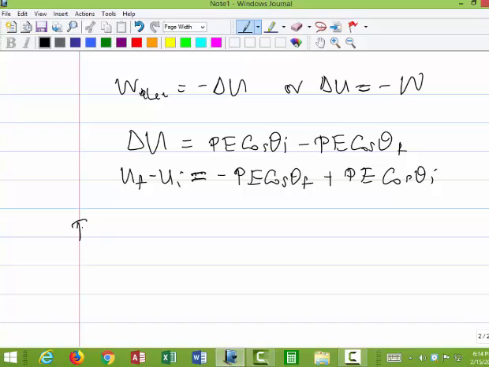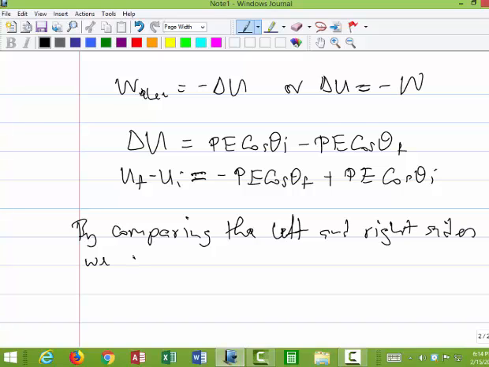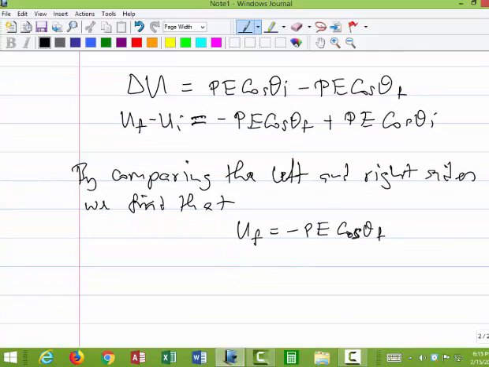So by comparing the left and the right sides, we find that the potential energy is equal to minus PE cosine theta final. We are taking the reference potential energy to be zero, which means that in the term on the right side, PE cosine theta I will be zero. That's what the term means.